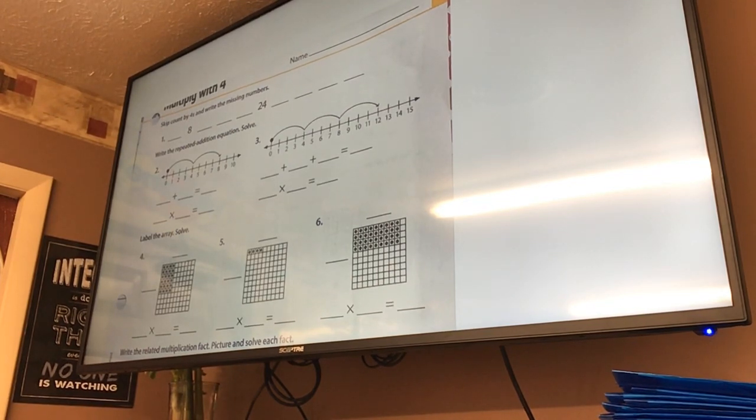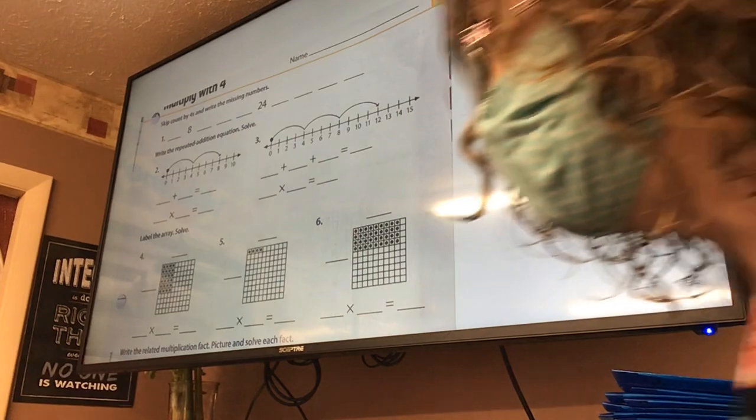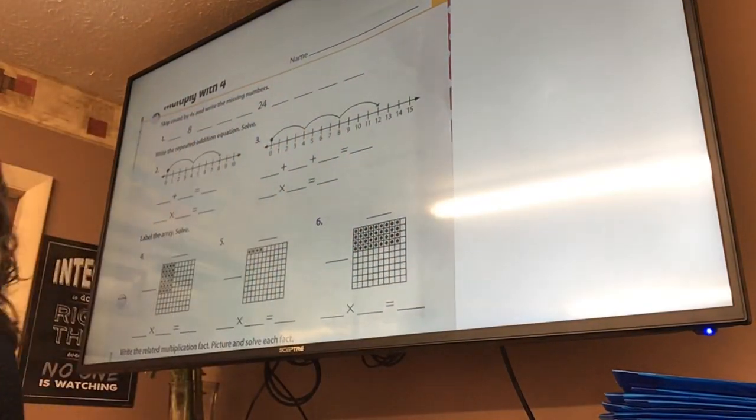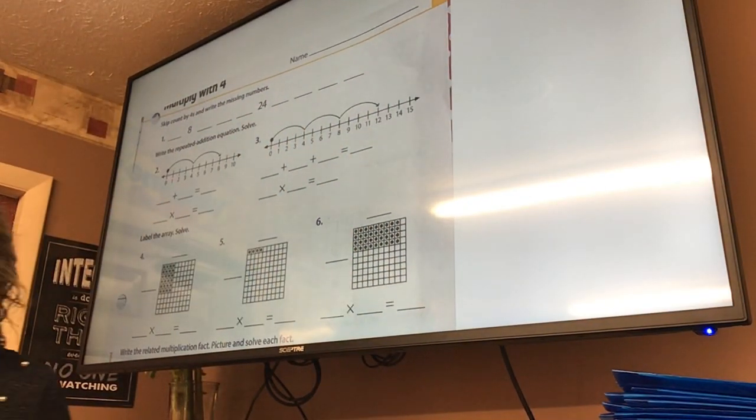But if it was a multiplication problem, you would say that you did how many jumps? 2 jumps of 4. So you would say 2 times 4. The number of jumps first, and then what you jumped, 4.